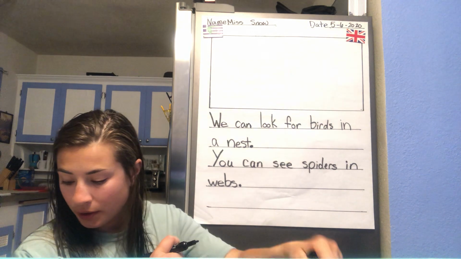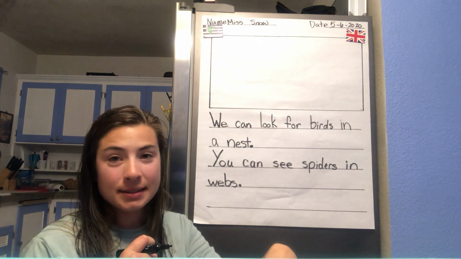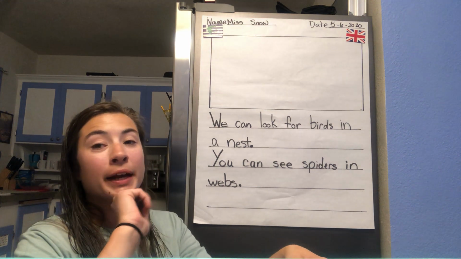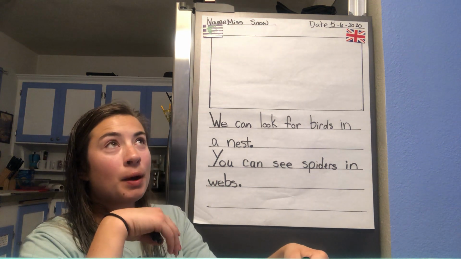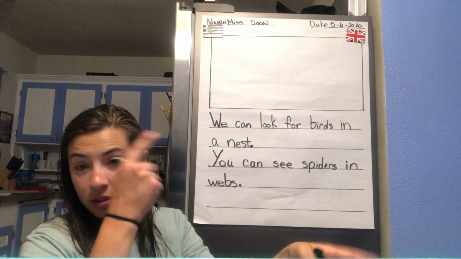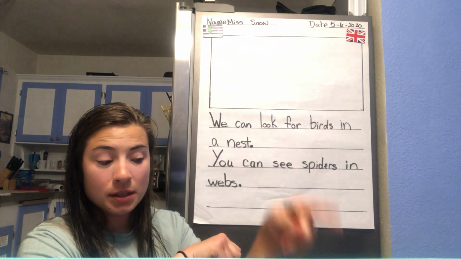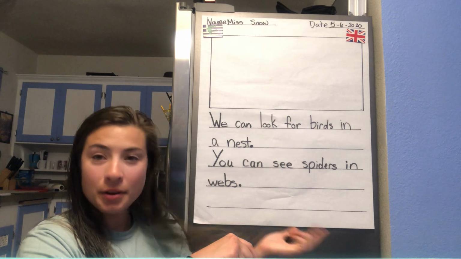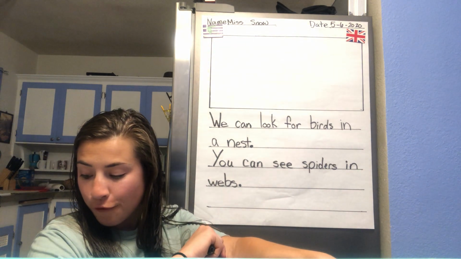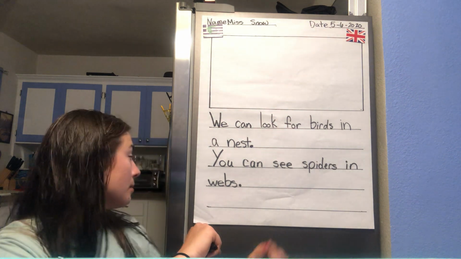Ooh. And my last sentence, I didn't see it in the Animal Home book, but I know that I've been around ponds before and I've seen frogs. So I thought about it, even though it wasn't in the book. I thought, other animal homes I know about are frogs. So I'm gonna write, frogs are in the pond.